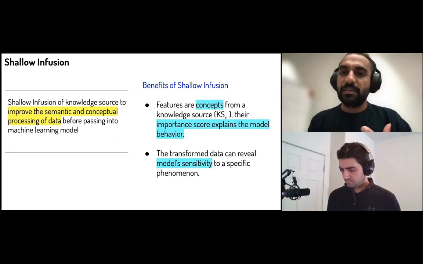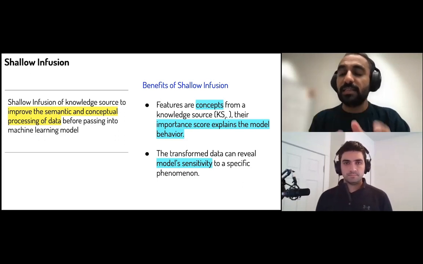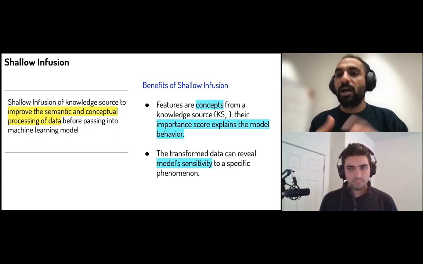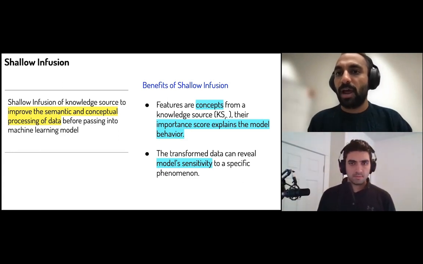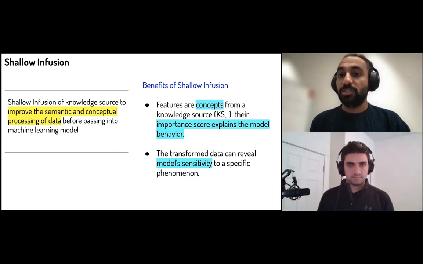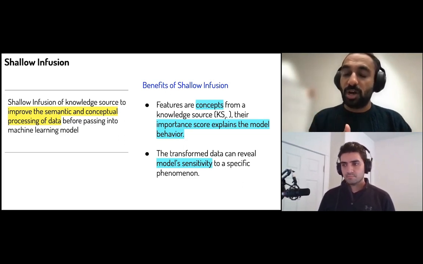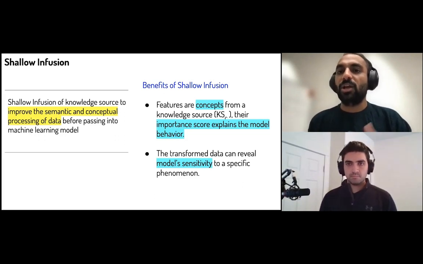So you will figure out that there is some issue, or maybe there is a codependency or correlation between the features in the data set that was not visible with a bag of words, but now it is visible with a bag of concepts. So with a bag of concepts, I'm more explainable in my outcome in terms of my feature importance scores, or in terms of Shapley values or LIME, which have been used in explainability. If LIME is tested on the bag of concepts rather than bag of words, it will do a better job.